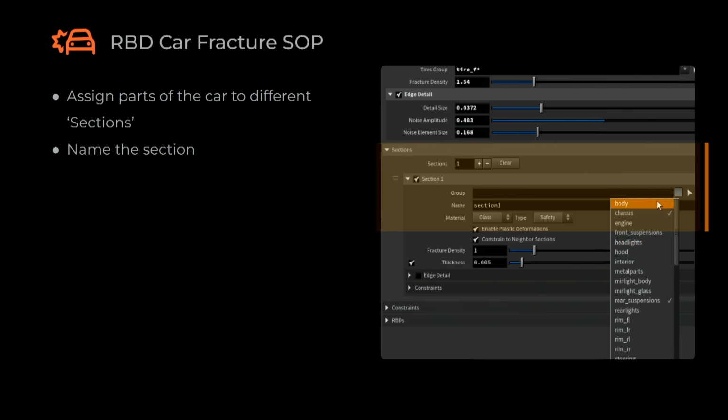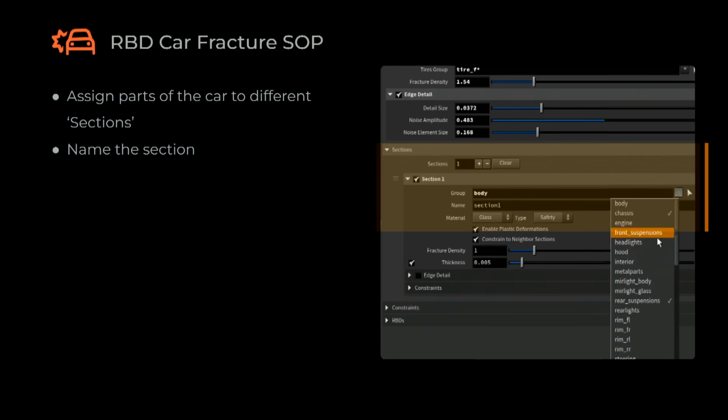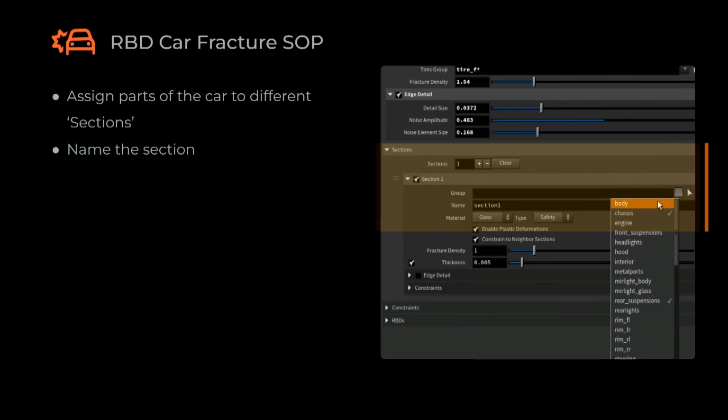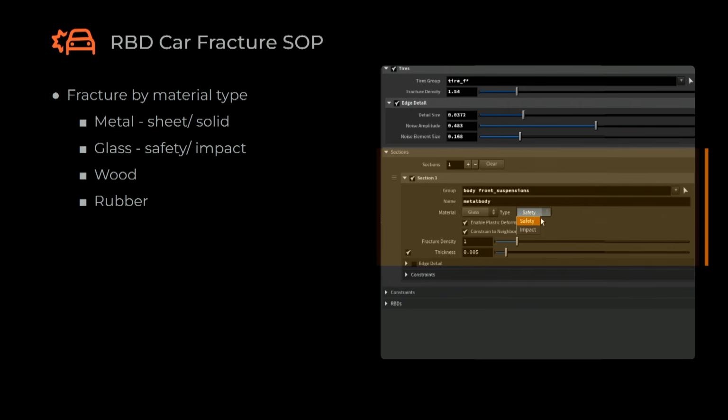And then moving on, you have the sections tab, which is where you would actually start fracturing your car in different sections. So you assign parts of the car into one section, you give it a particular name, and every single piece of that section will have a unique name with this name as its prefix, right? And you can also fracture them based on material. So you have different materials like metal, glass, wood, rubber. All these you would commonly find in a vehicle.